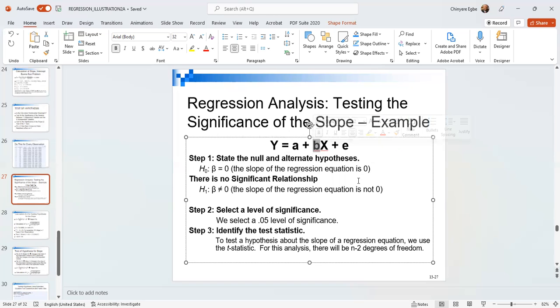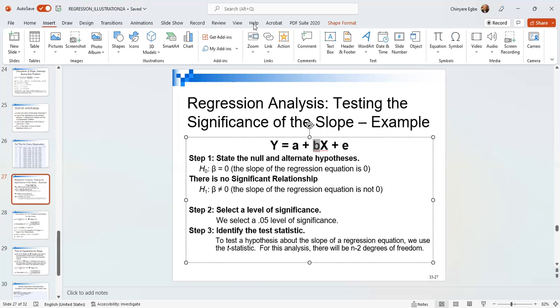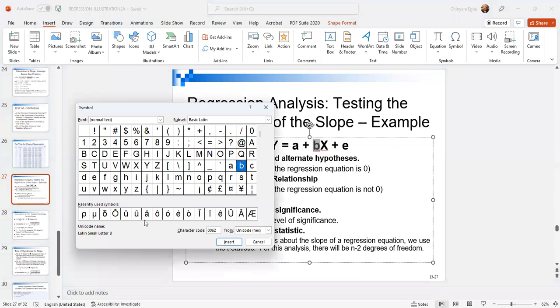Okay, so that is our hypothesis. Let me see if I can replace that with a symbol so that we don't get confused.